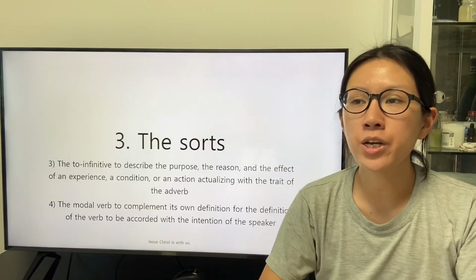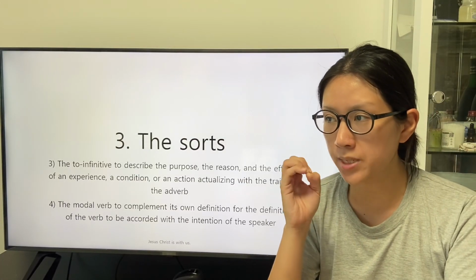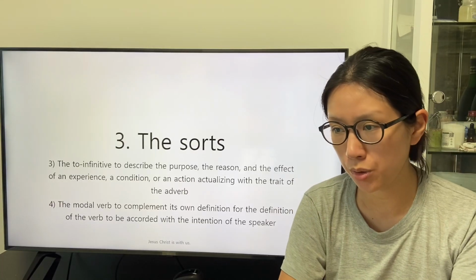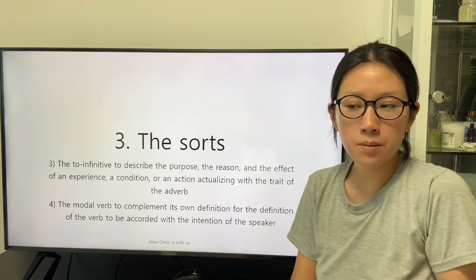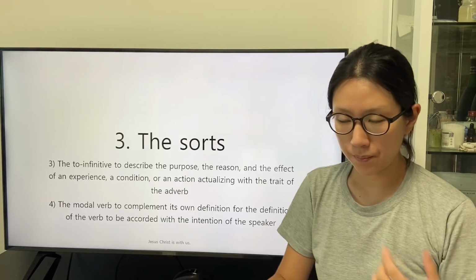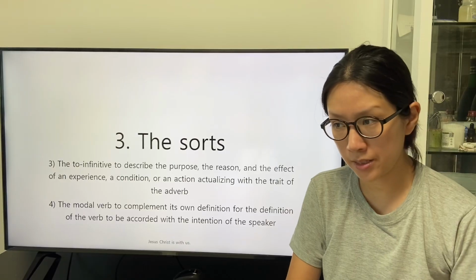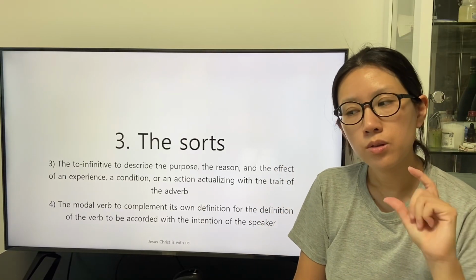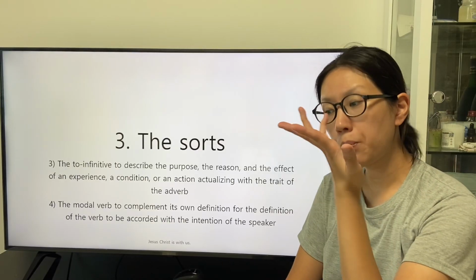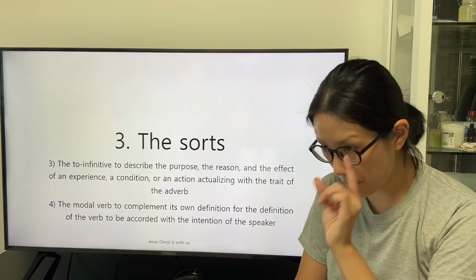The combination of the preposition to and the object of the preposition to, that is indicated by a root infinitive, is applied to reveal the purpose of the subject of the preposition to.